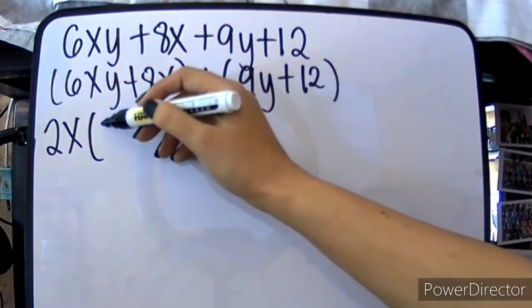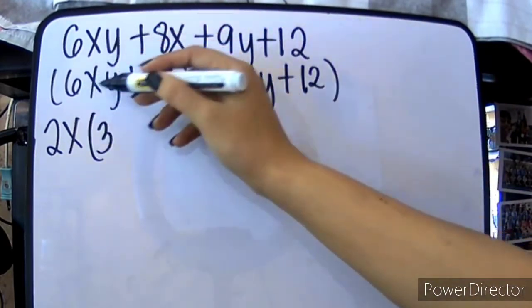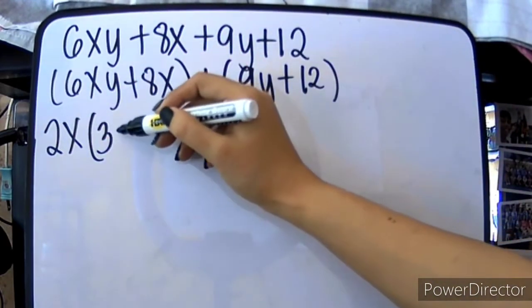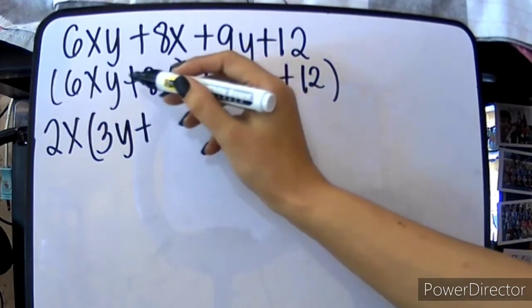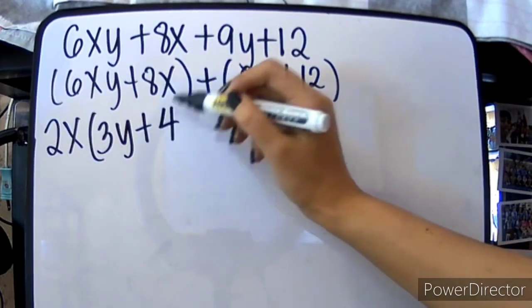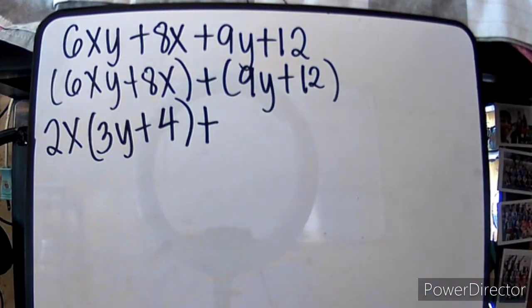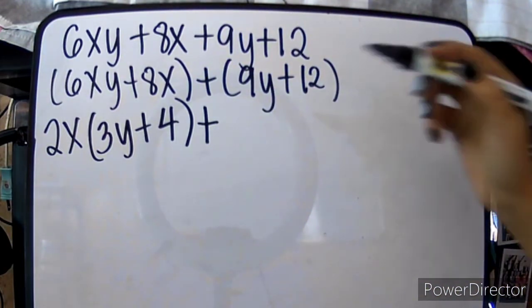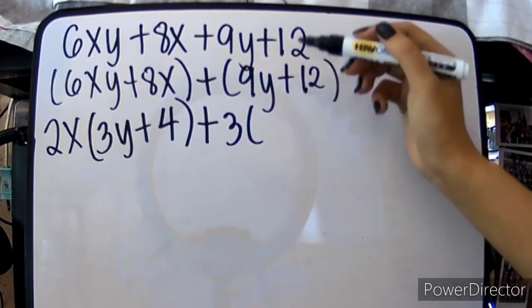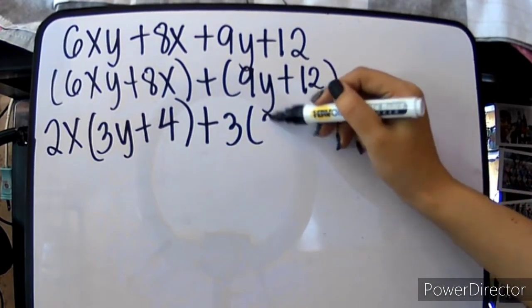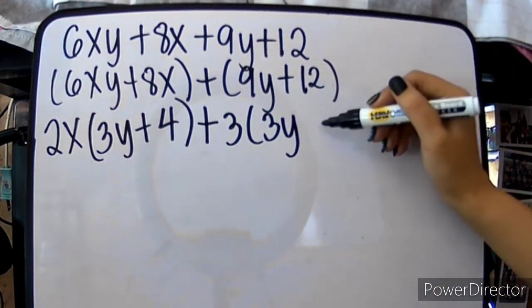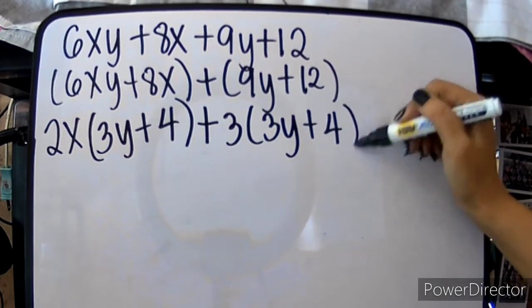And then, divide na natin. So, 6xy divide 2x will give us 3y plus 8x divide 2x will give us 4. And then, ang GCF naman ng 9y and 12 is 3. And then, this is 3y plus 4.